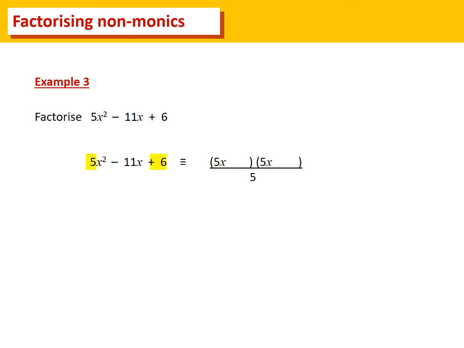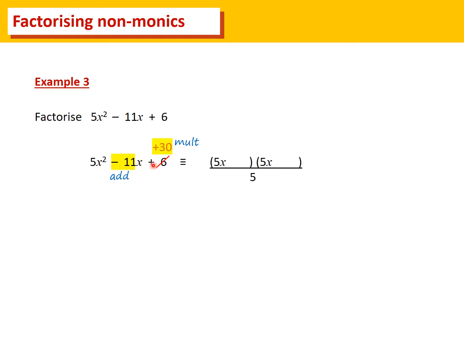We multiply the x squared term by the 6, and that'll give us plus 30. And then we ask ourselves a question, which two numbers multiplied together give me 30, and when added together give me negative 11. In order to multiply to give me positive 30, the two numbers must either be both positive or both negative.